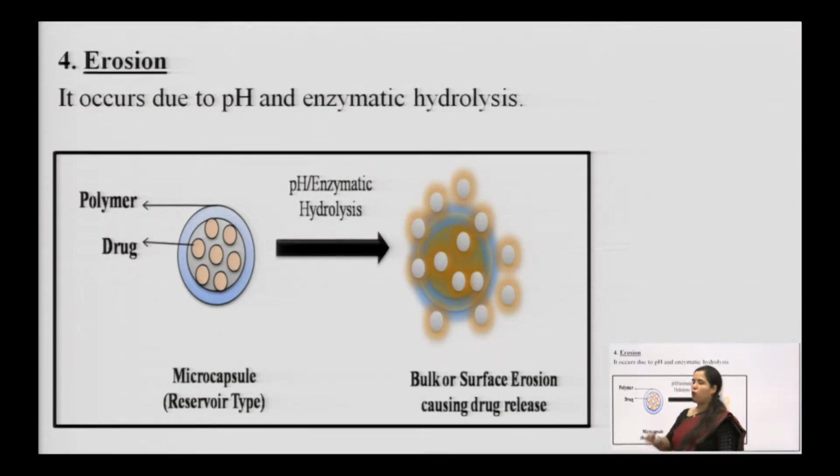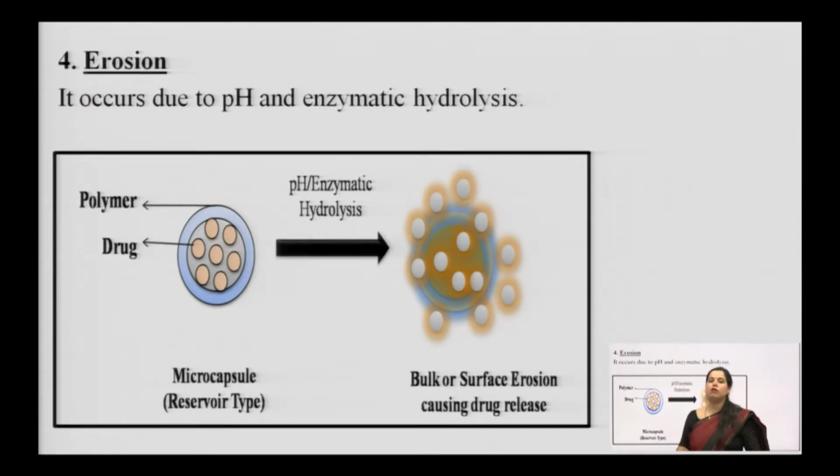Now the fourth and last one is erosion based release. In this, the polymer reservoir type, due to pH and enzymatic activation, the outer polymer membrane may degrade or erode completely and release the whole amount of drug from the microspheres, right.